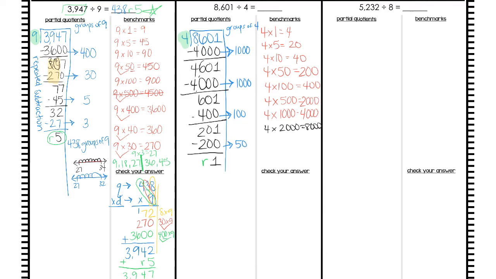Total, we have 1,000, 2,000, 2,100, 2,150 groups of 4.